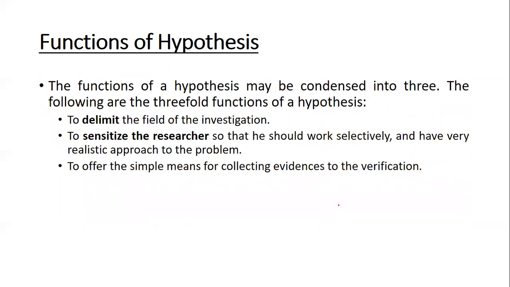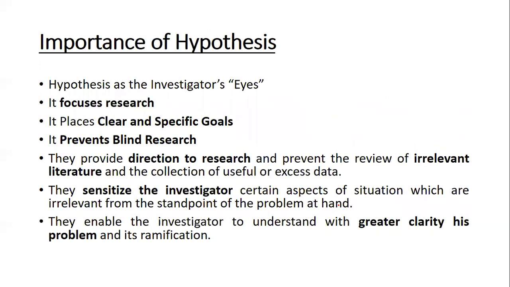In hypothesis, the functions are to delimit the investigation, to sensitize the researcher, and to collect the evidence for verification. It focuses on research and is called the investigator's eye. As it focuses on the research, it is very clear and specific. It helps to prevent blind research and gives direction to research.